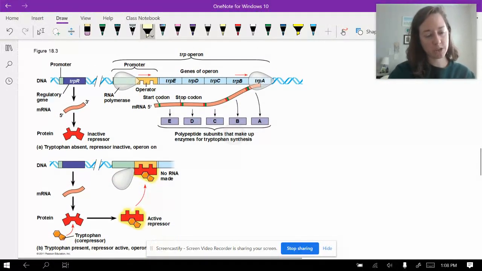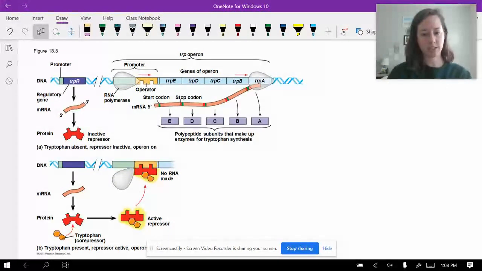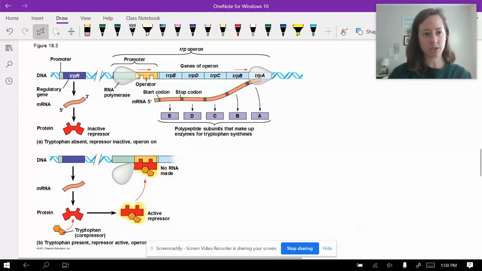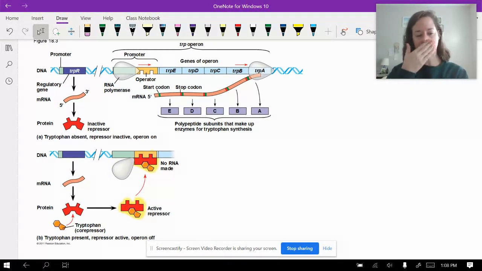Okay, so here's the trp operon. It's related to the bacteria's ability to use and manage tryptophan, which is an amino acid. So up at the top, you have the whole operon, and it is all DNA. It's just blocked off to show you the different genes.